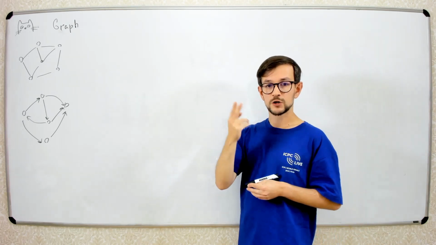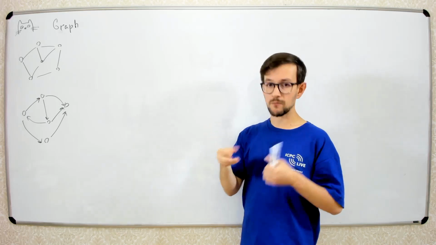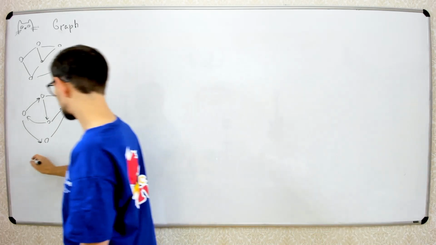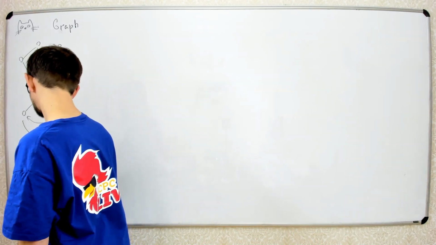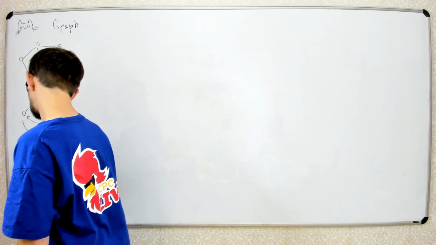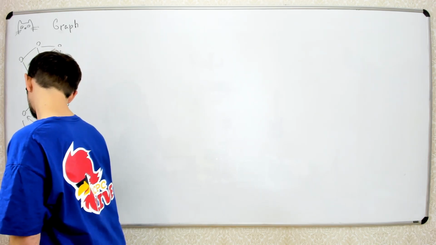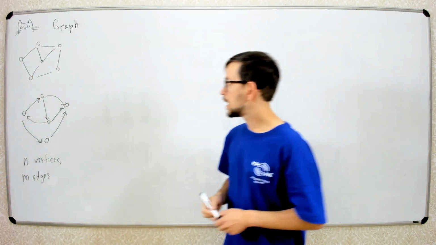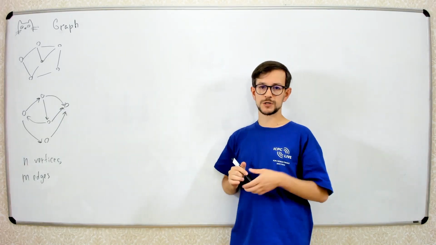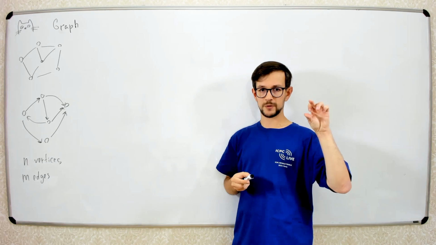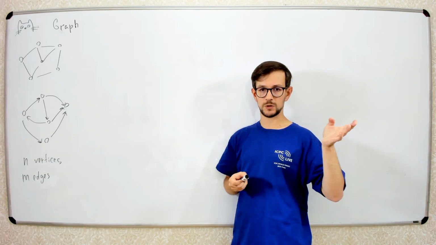Now, there are two important characteristics of the graph: number of vertices and number of edges. So I will say I have n vertices and m edges. And when we talk about asymptotics of the time complexity of the algorithm, we will use these two variables, not one variable like we did in previous lectures.